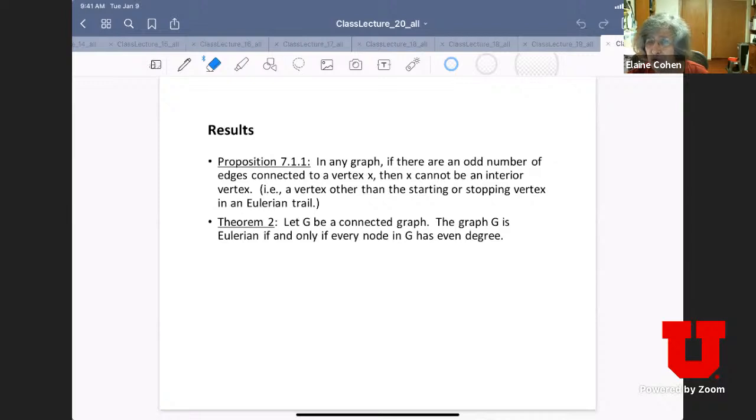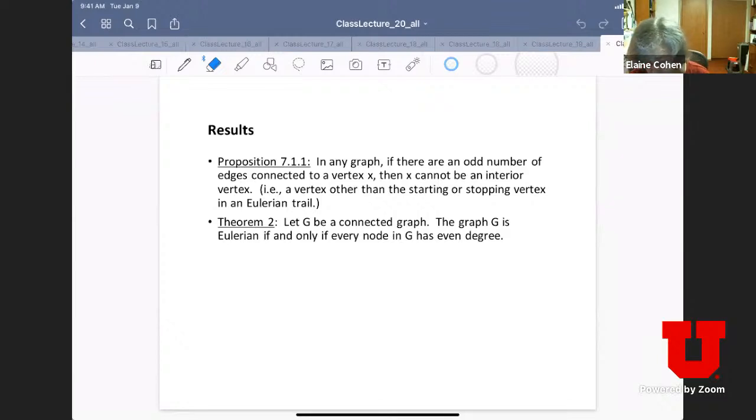An Eulerian trail is a trail that goes through every edge of a graph exactly once, but it's not necessarily a circuit. It doesn't necessarily begin and end at the same place. So an Eulerian circuit is an Eulerian trail that begins and ends at the same place. And this says that if there are an odd number of edges connected to a vertex X, then X cannot be an interior vertex.